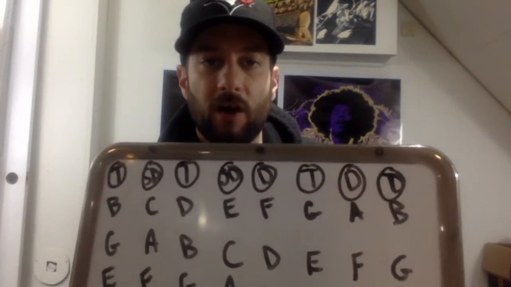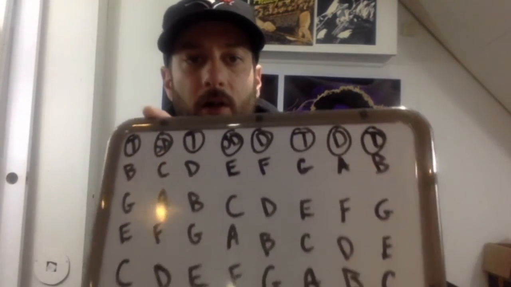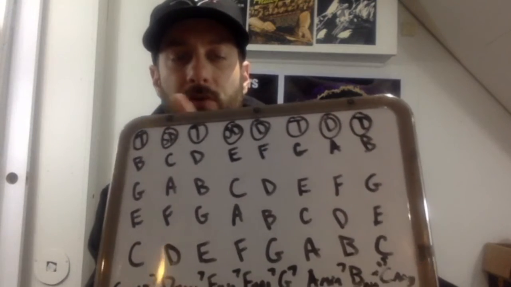Right up here, I have tonic. We can take our C major. The one chord is the home base chord of the key, so our one chord is always going to be the tonic. It's always going to feel at home.